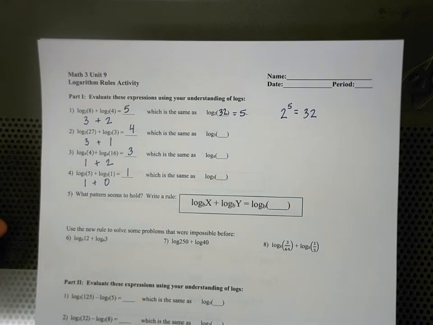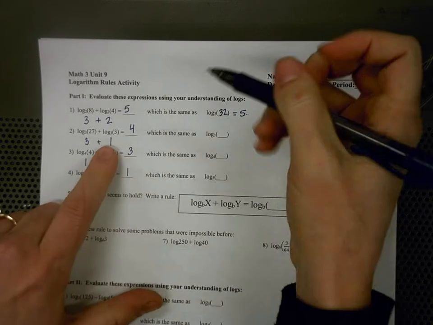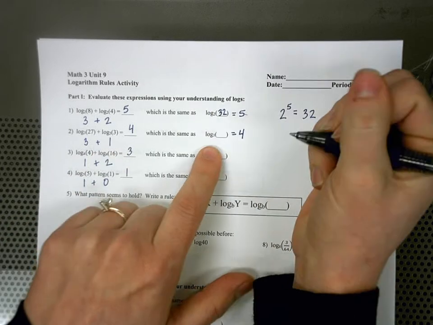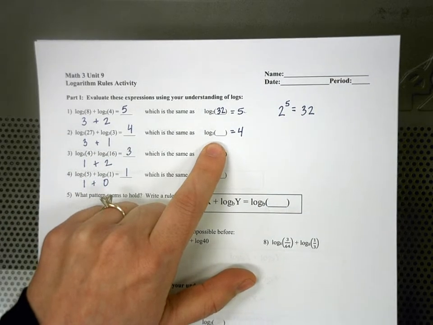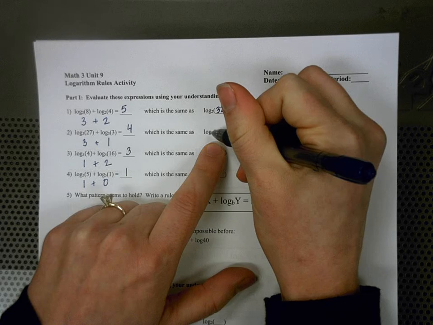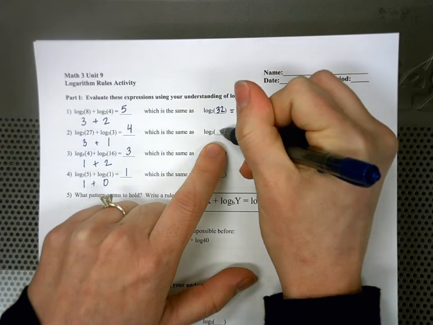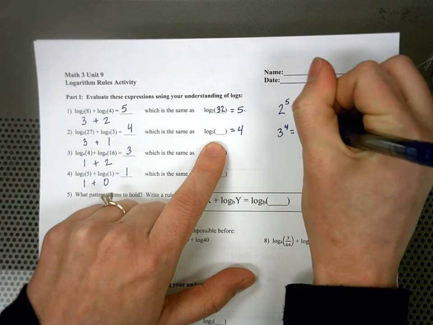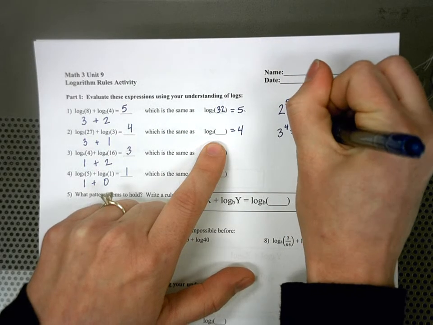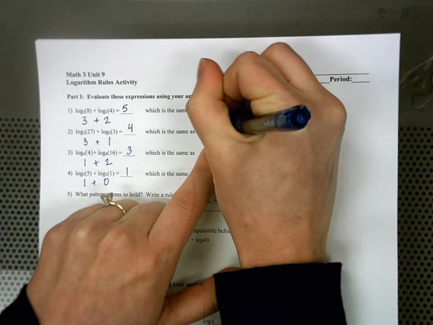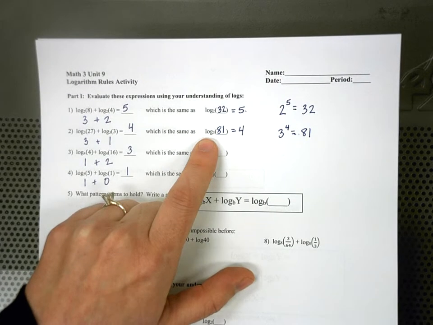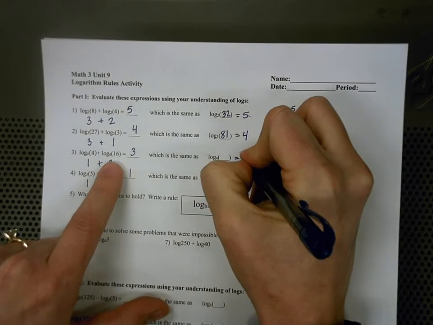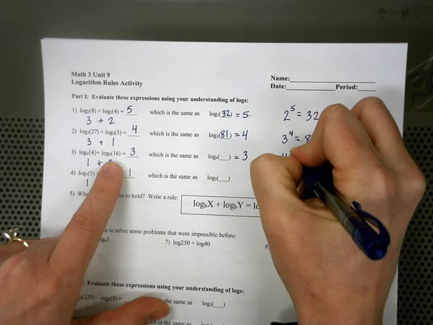All right, let's try another one. So this logarithm, we want the exponent to be 4, so the log is going to be equal to 4. If I'm saying 3 to what exponent gives me this blank, I'm saying 3 to the 4th power gives me the answer of 81. So that's 81. If I want this logarithm to be equal to 3, I'm doing 4 to the 3rd power.